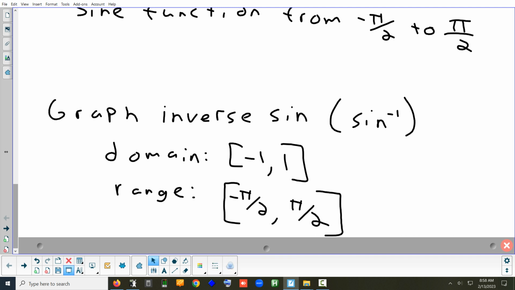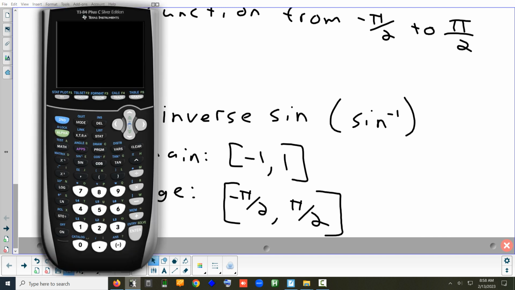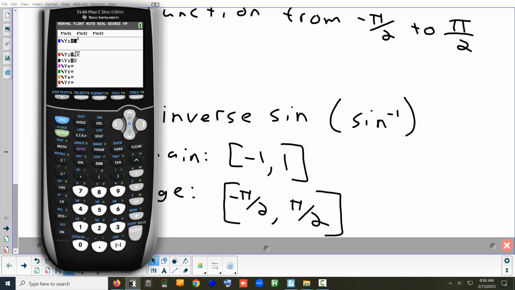And I'm going to draw a picture of inverse sine, just like I did squaring and square rooting, so you can see what it looks like. I think this is a little harder for people to visualize what the reflection would look like. So before I get rid of it, there's squaring and square rooting.